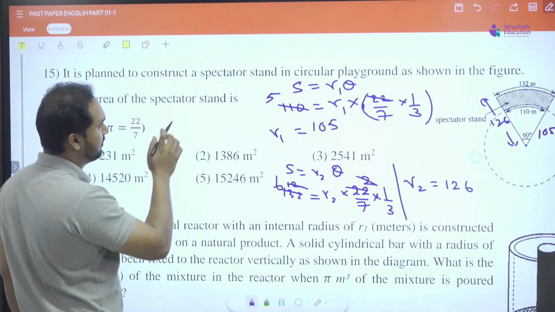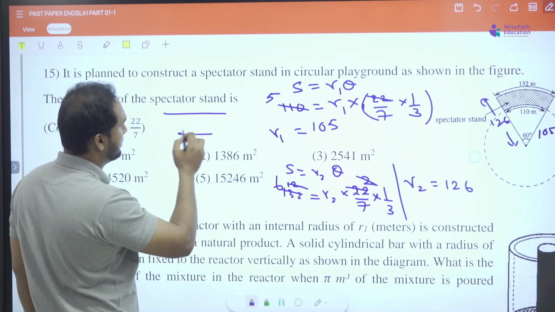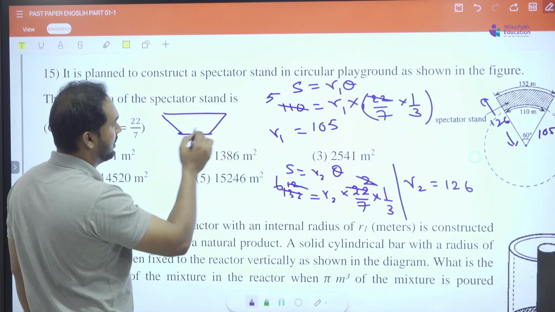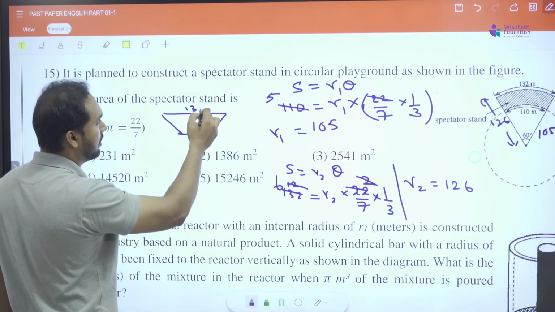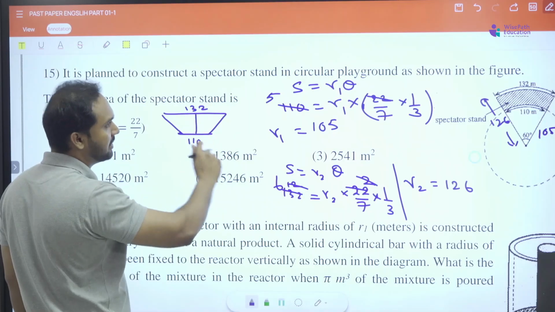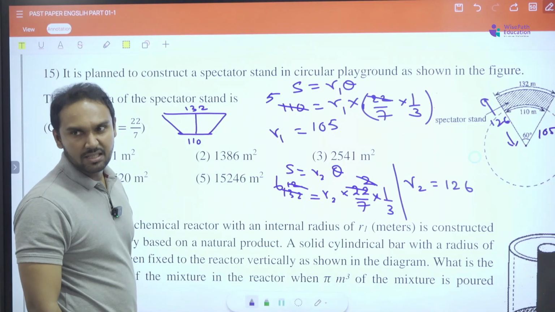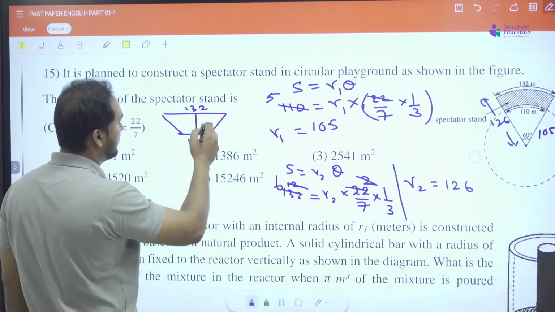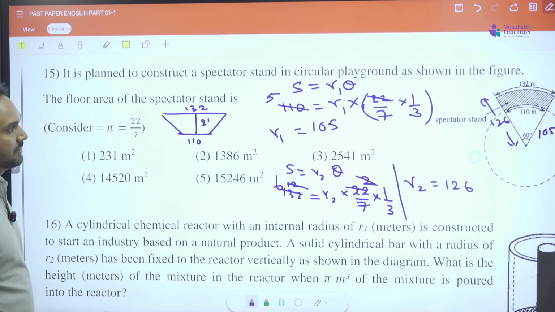What? A trapezium, right? And the parallel side lengths will be 132 and 110, and the perpendicular height will be the difference of the radiuses, isn't it? That is 21. So find the area of a trapezium. That is the answer.